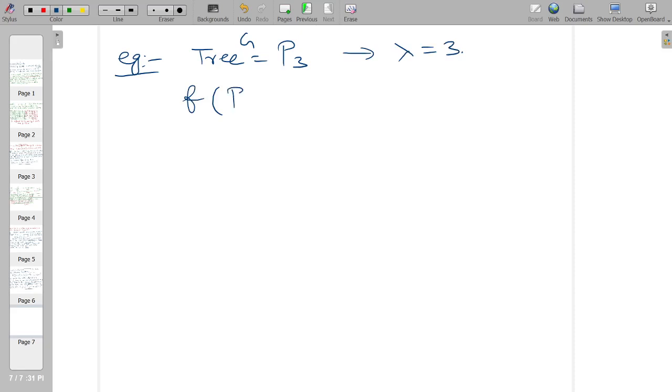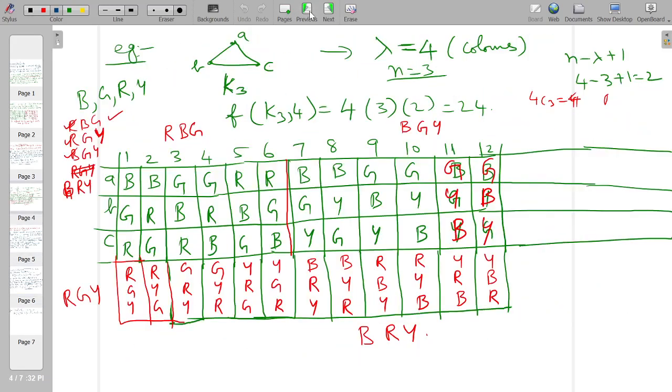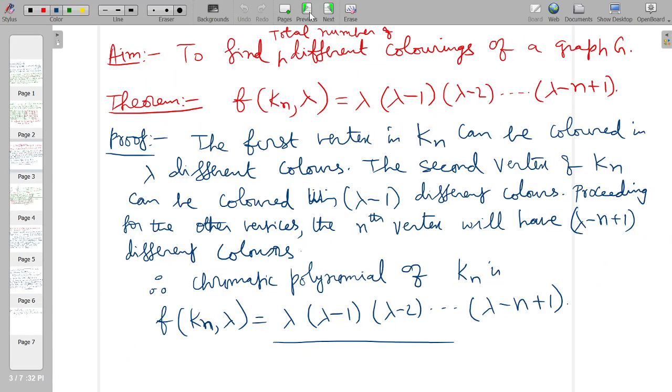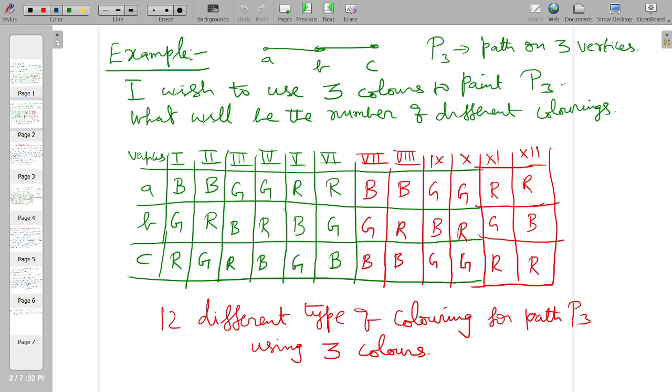So f of P3 comma 3 would be 3 into (3 minus 1) whole power 3 minus 1, which will be 3 into 2 squared, which will be 12. And already you can see that we had 12 different types of coloring when I used 3 colors to paint a path P3.